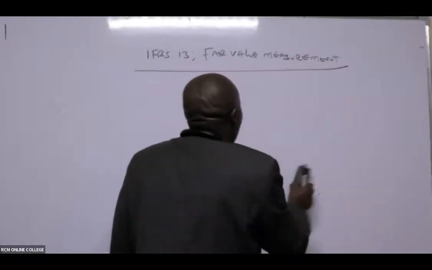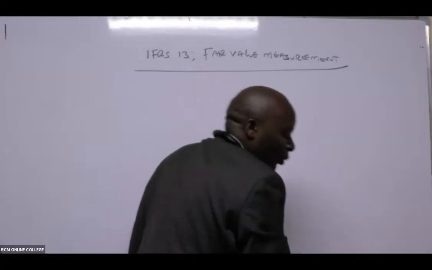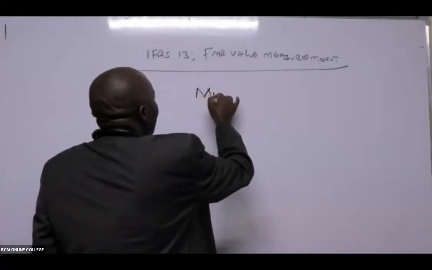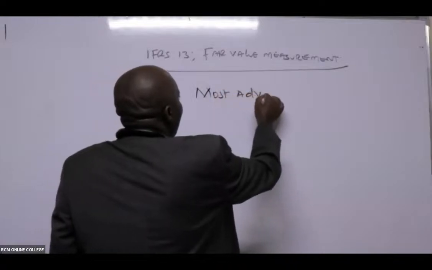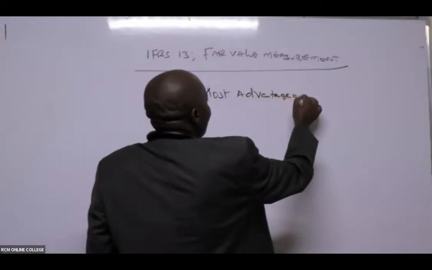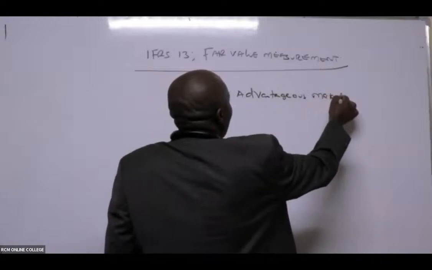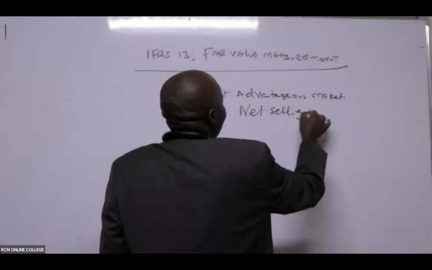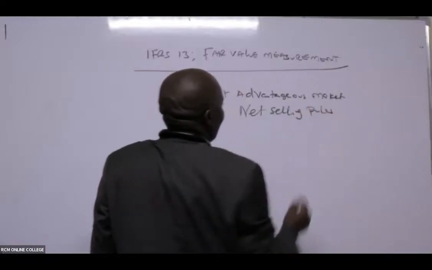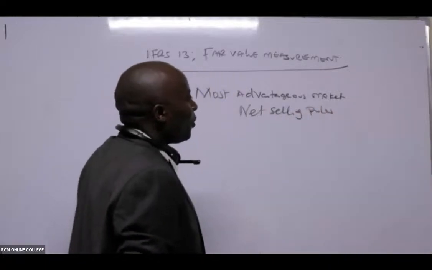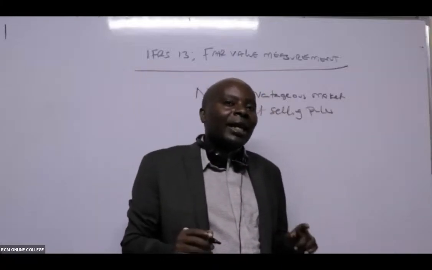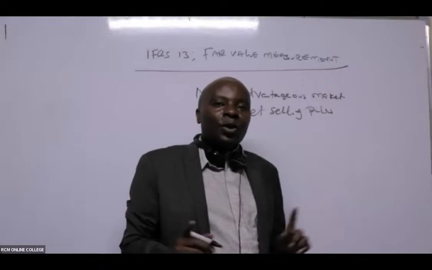To get the most advantageous market, this is normally what we do. You compare between net selling prices. So when you are looking at the net selling prices, you are not going to disregard any cost, not even transaction cost.